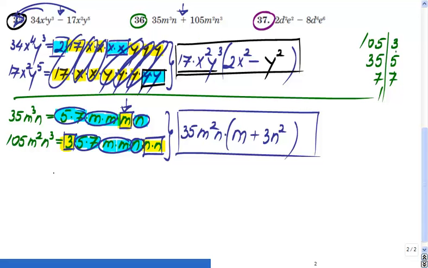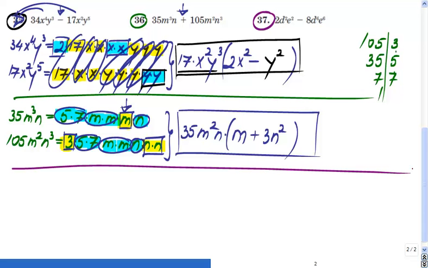Let's try 37. First, 2d squared e squared minus 8d to the 6 e to the 6, right? And now I don't have to follow the same factorization that we did so far, because I know 2 goes in 8, right? So obviously I should have a 2 outside here.